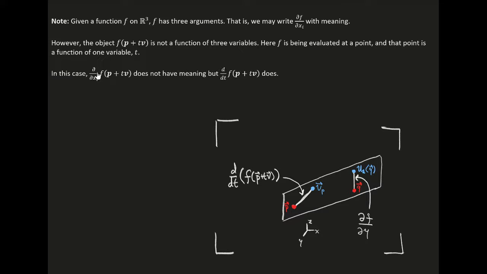So the partial derivative with respect to one of the standard Euclidean coordinates xi of this object doesn't have meaning, but the standard derivative with respect to t of this object does have meaning.